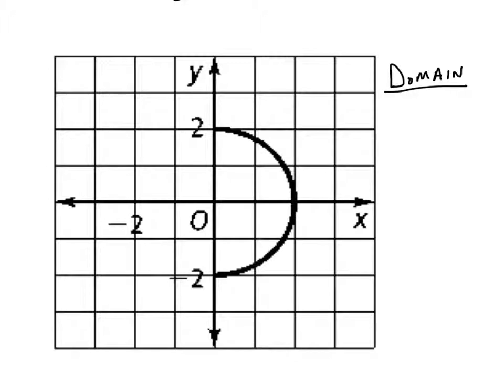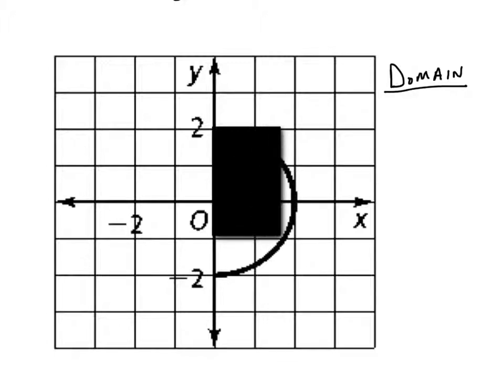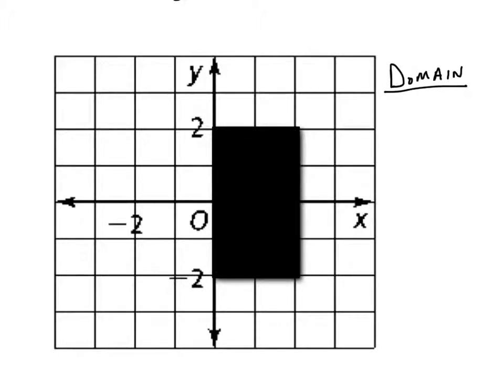If I were to draw essentially a box around this shape, from left to right, now I've covered up this shape. The furthest left is the left side of the box. The furthest right is the right side of the box. The furthest below and the furthest above is the bottom and the top.